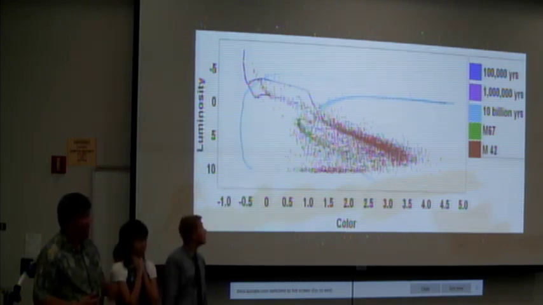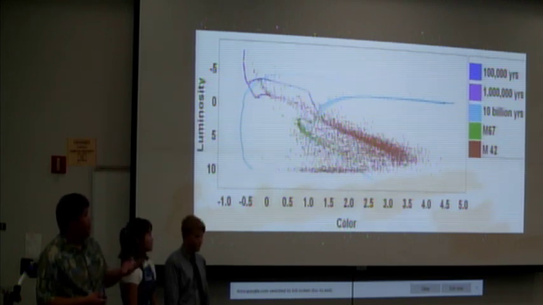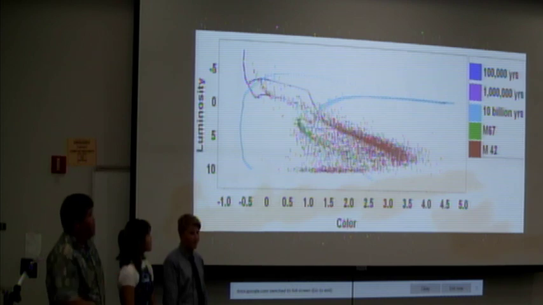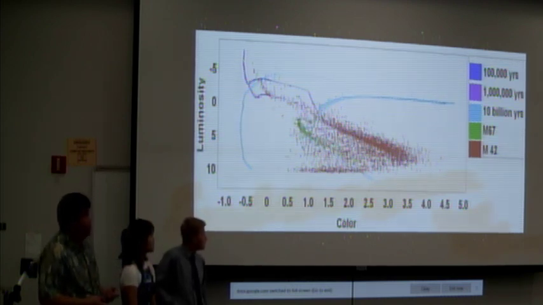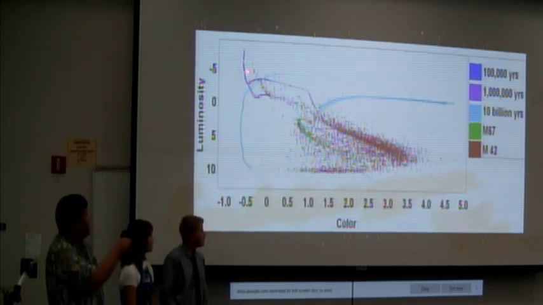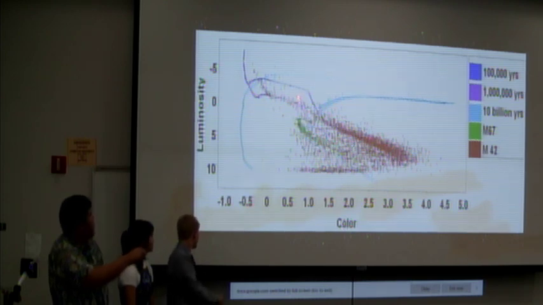Okay, so here's another HR diagram that we did. And so I graphed M42, which is characterized by these red stars right here. So M42 is about 1 million years old, and it should be following the purple isochrone. And you're wondering why isn't it exactly on it.